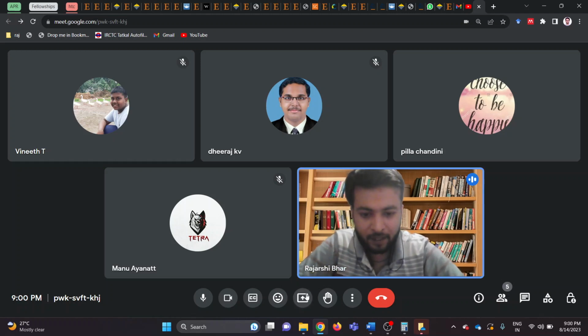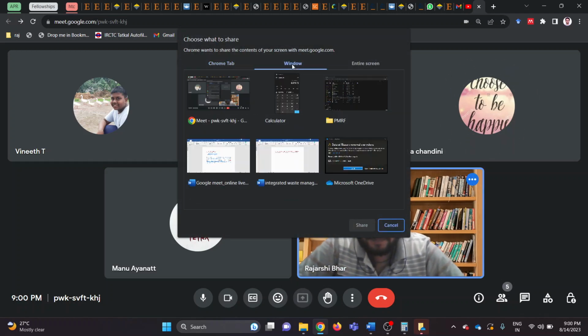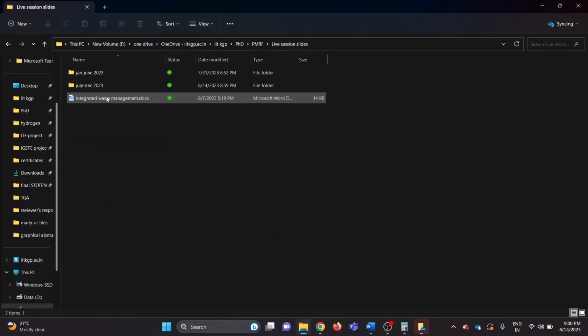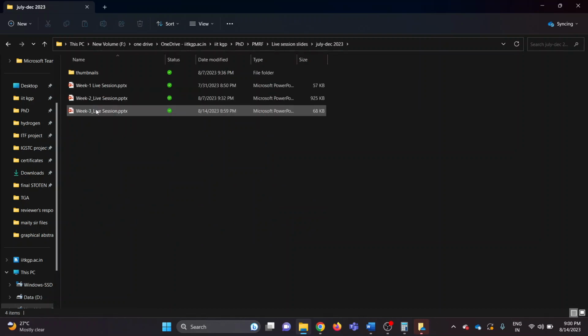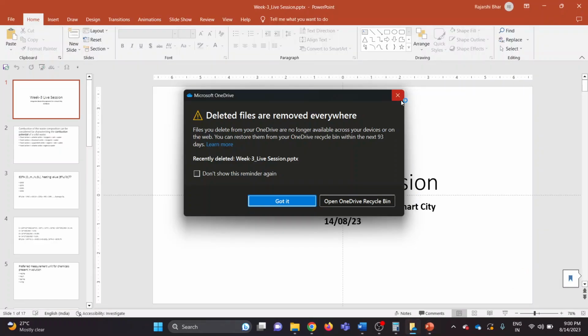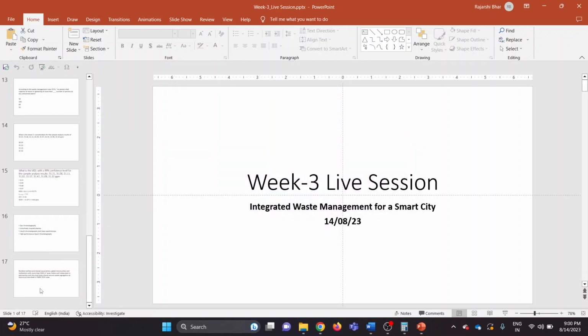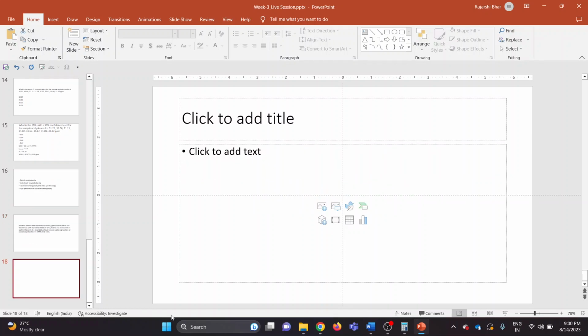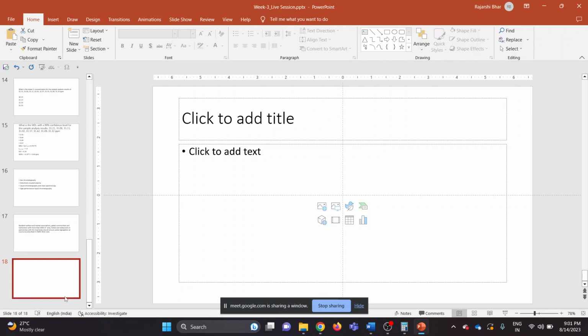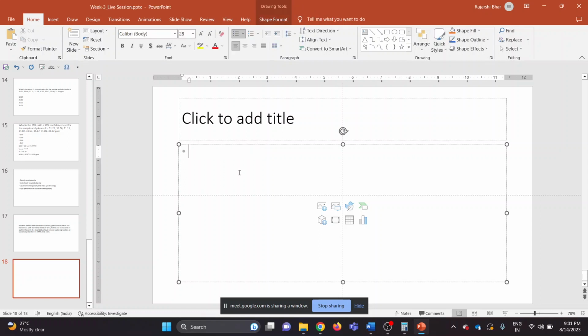I will just share my screen again. Okay, so you have two waste streams whose individual densities you know, and you are mixing them and you want to know the overall density, right?